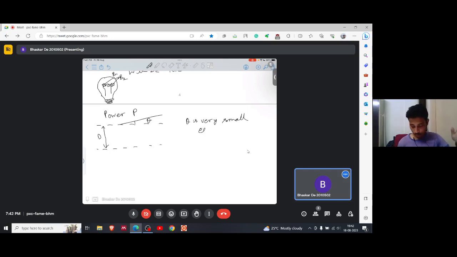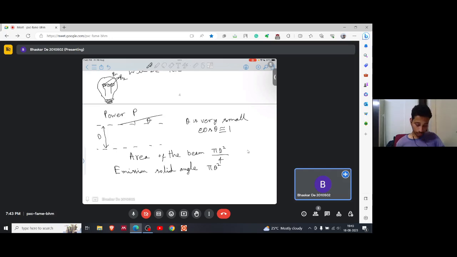So if we calculate, cos theta will be close to 1. Now the area of the beam is pi d square by 4, as d is the diameter, and the emission solid angle is pi theta square.